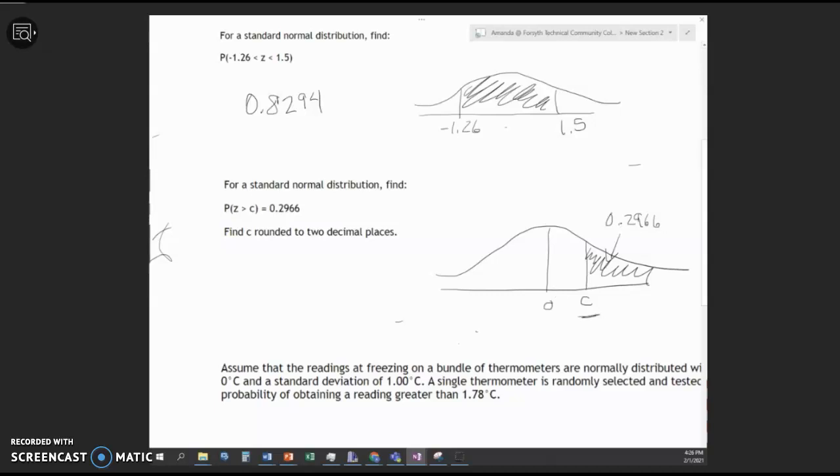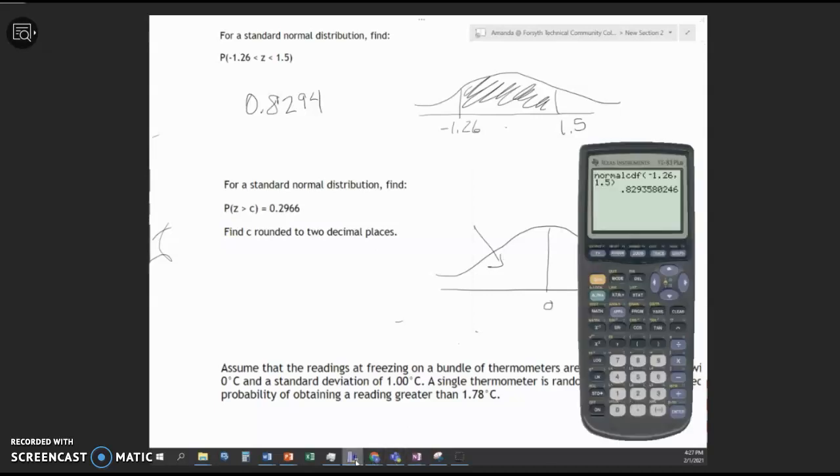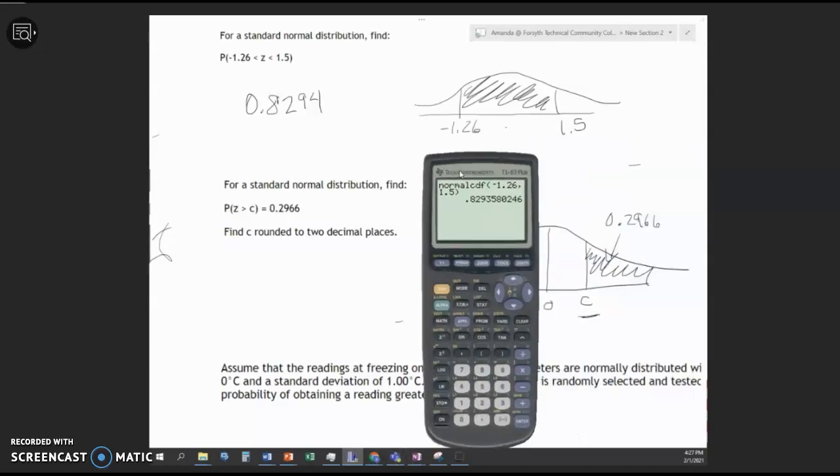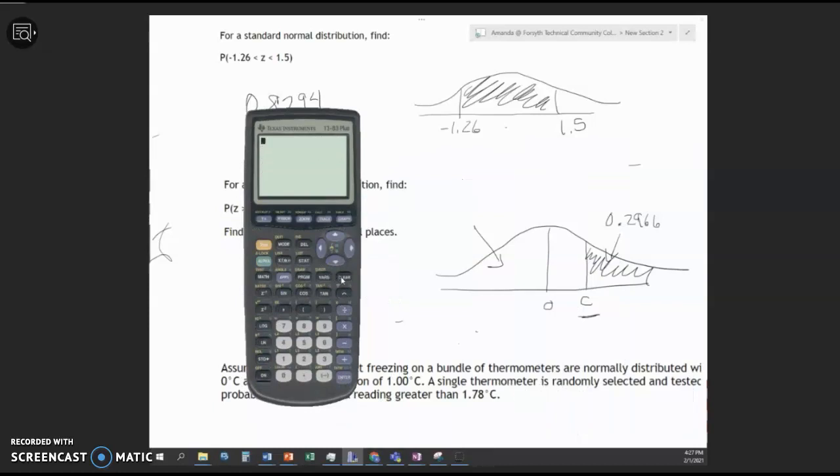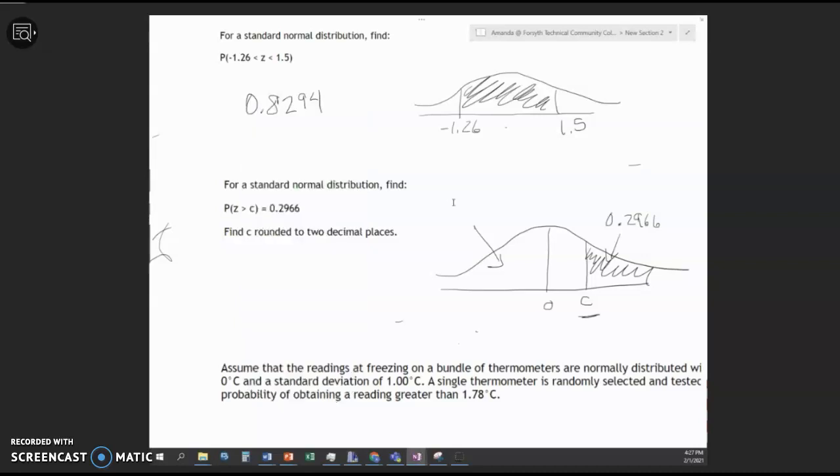If this c cuts off 0.2966 above, then the remainder in this area would be 1 minus 0.2966. So that's the first thing I'm going to calculate. I'll say 1 minus 0.2966, and I get 0.7034.